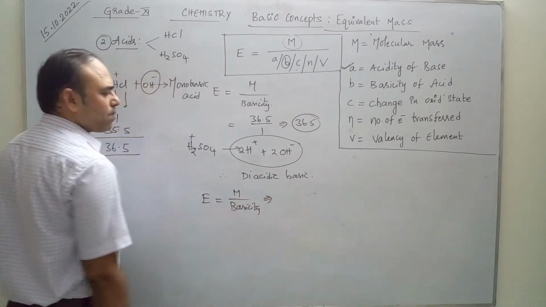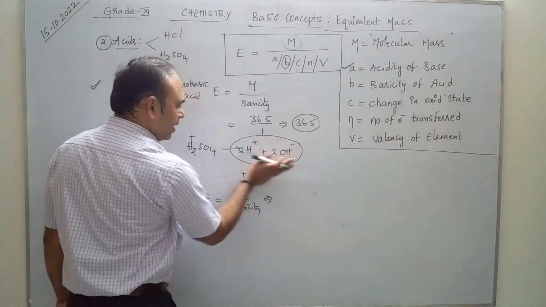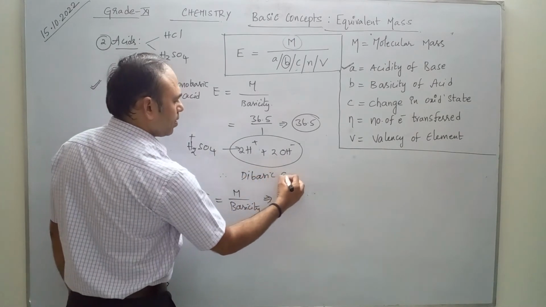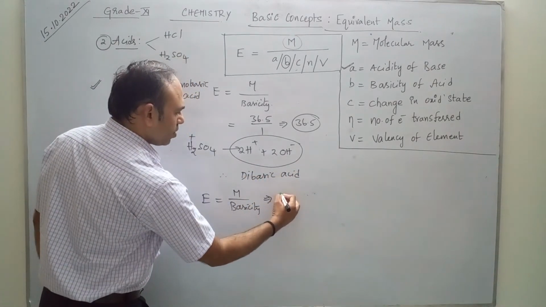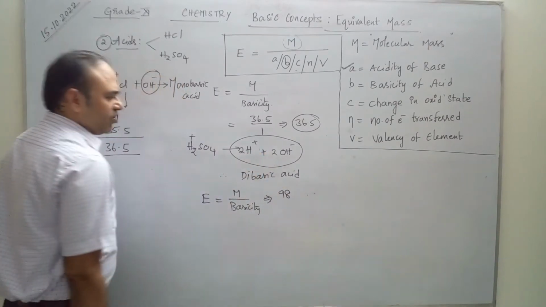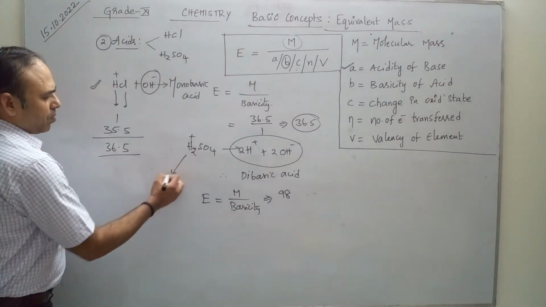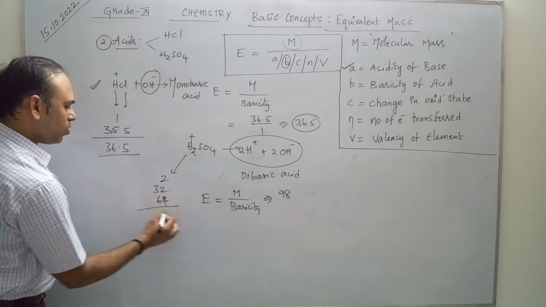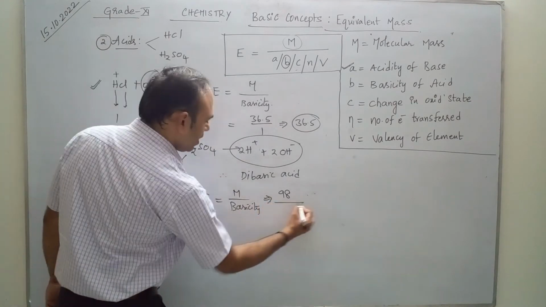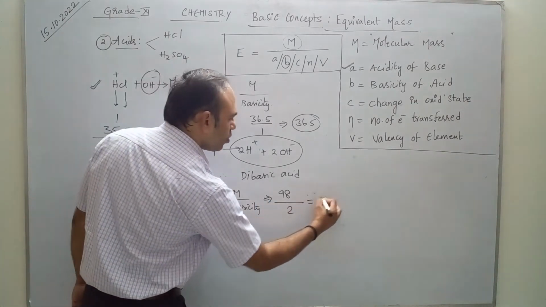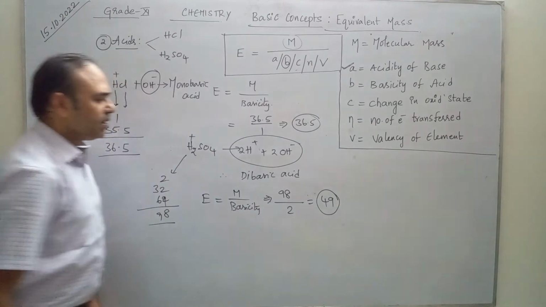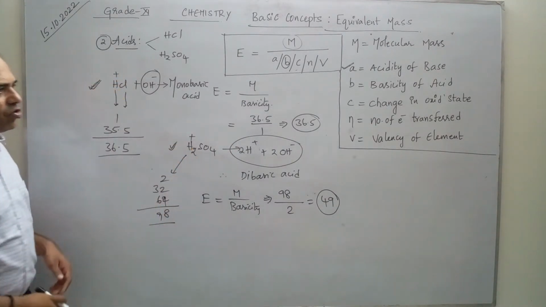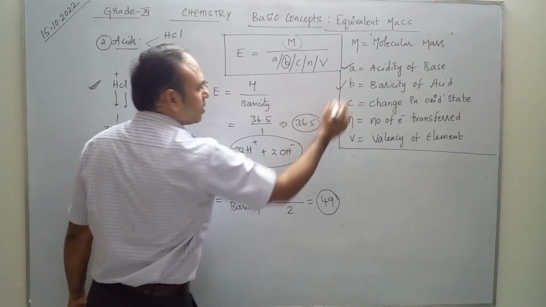M we can calculate for H2SO4, it is 98, so 2, 32, 16 fours, 64, so we are getting 98. So 98 divided by the basicity 2, hence we get equivalent mass is 49. So we can identify the equivalent mass of HCl as well as H2SO4 using the second formula.